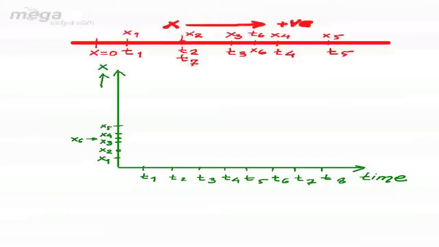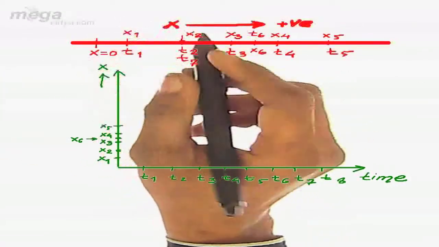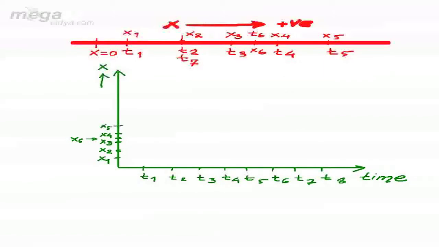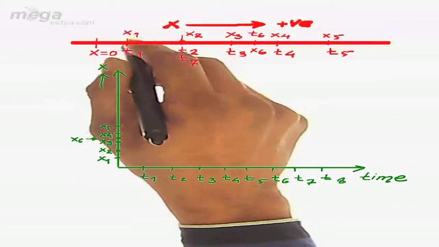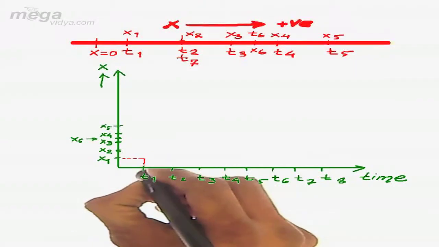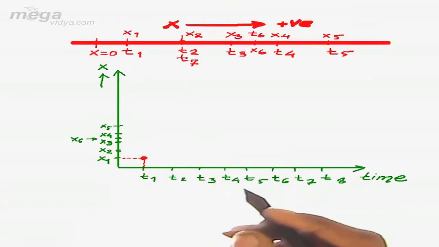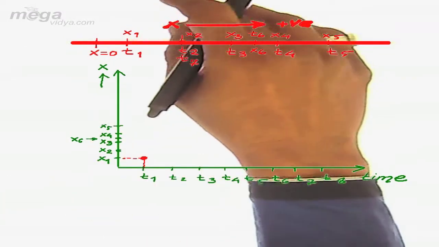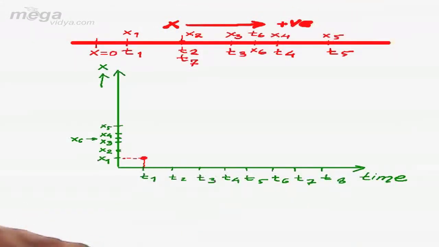Now if we make points corresponding to the values of position and time at that position, I can take some points. See the motion of the particle which I have given you here. Here the particle was at position x1 at time t1. So I am taking the particle's position at this time t1 to be x1. Another position in the path of the particle is x2, and it is at time t2.